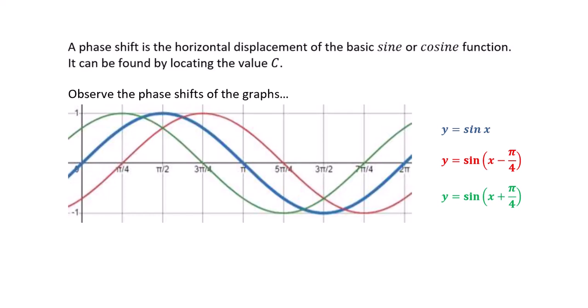In red, we see y equals sine of (x minus pi over 4), and we can see that that has been shifted to the right by pi over 4. And the green graph, y equals sine of (x plus pi over 4), has been shifted to the left by pi over 4 units.